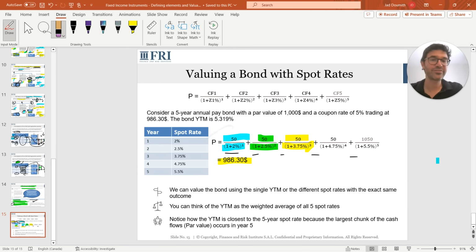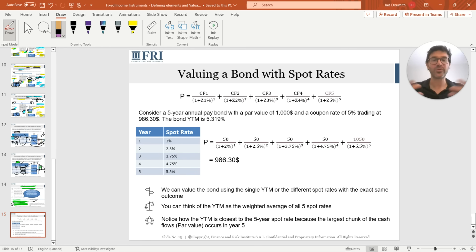One last nice thing, because we like to view math as a language, we like to link things. Look at the yield to maturity and think about it. It works if you value the bond using that rate for everyone, or you use for each cash flow the corresponding rate. But remember that this rate, if used for all cash flows, it works.